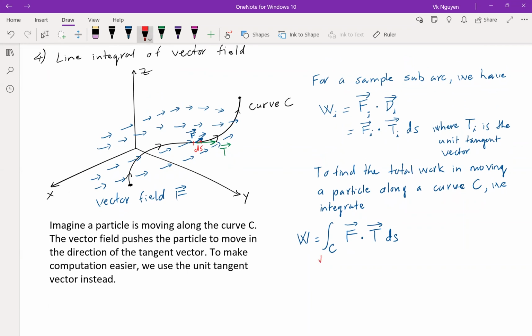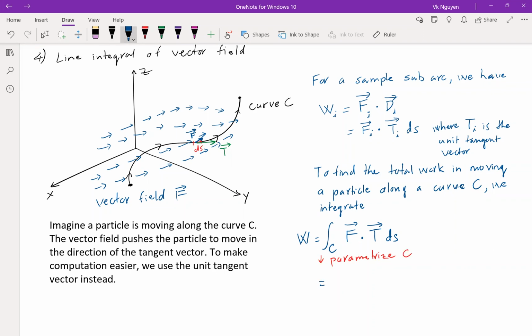Parameterize this thing. If you want to parameterize, you have to parameterize the curve C. You can only parameterize the curve C here.